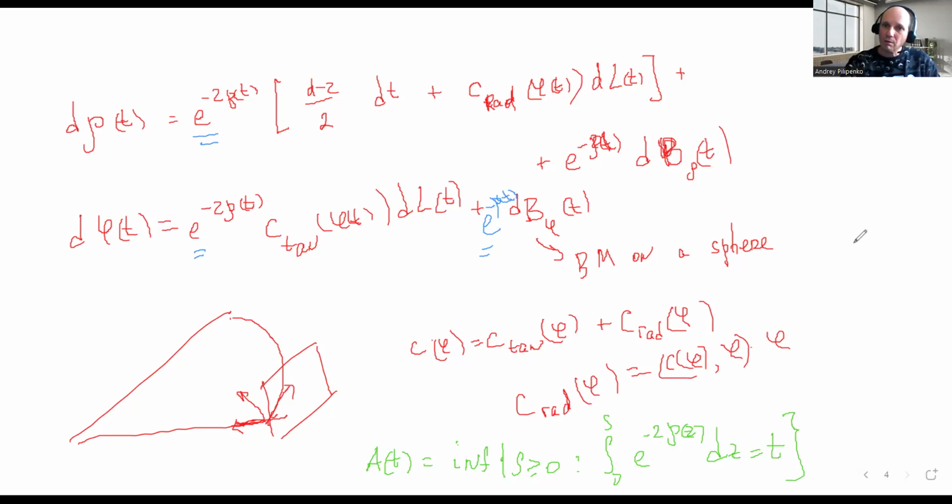And let me denote by rho tilde t, rho of A of t. And phi tilde t is phi of A of t. This is traditional. So this is an additive functional. This infimum is the inverse. And rho tilde, phi tilde: so rho phi is a Markov process. When we use this change of time using an additive functional, we again obtain a Markov process.